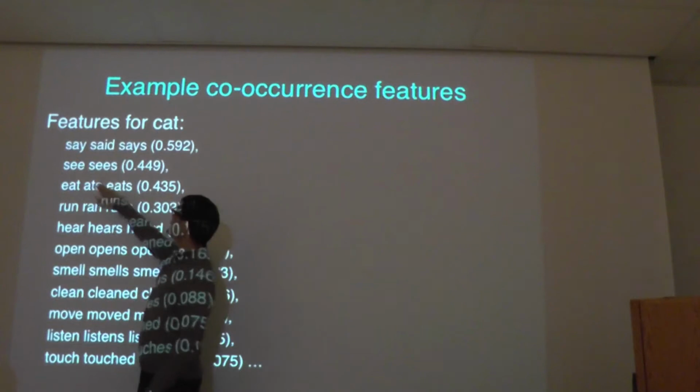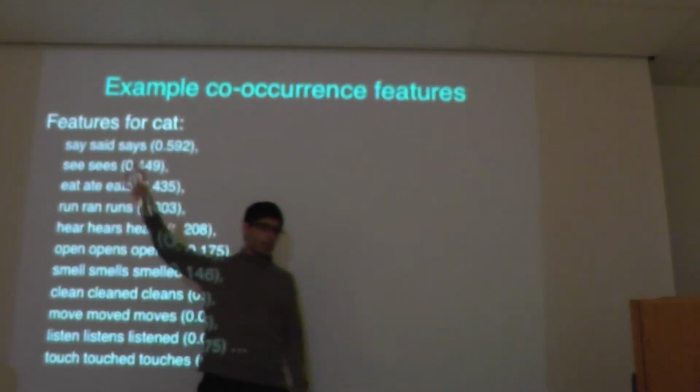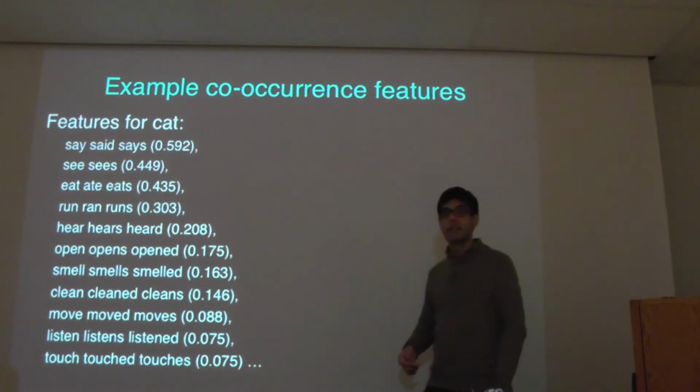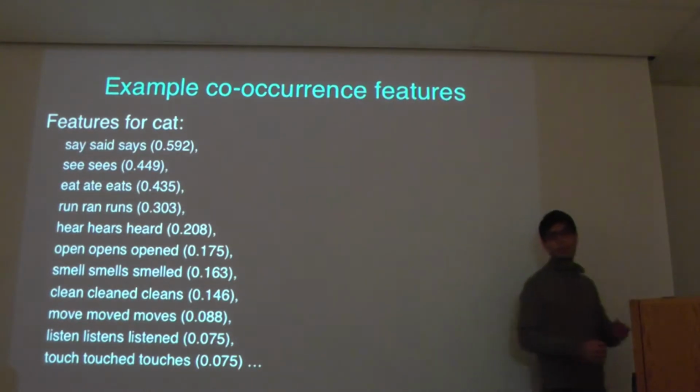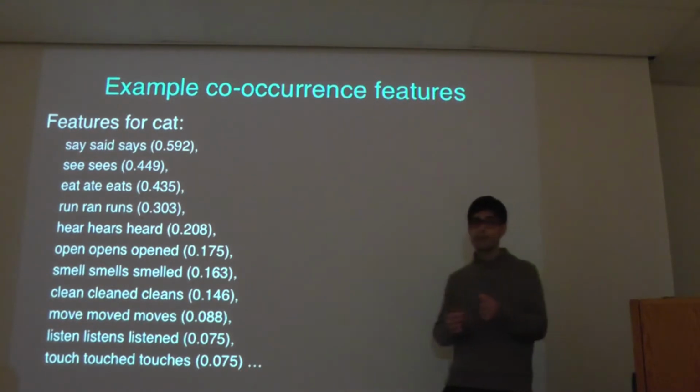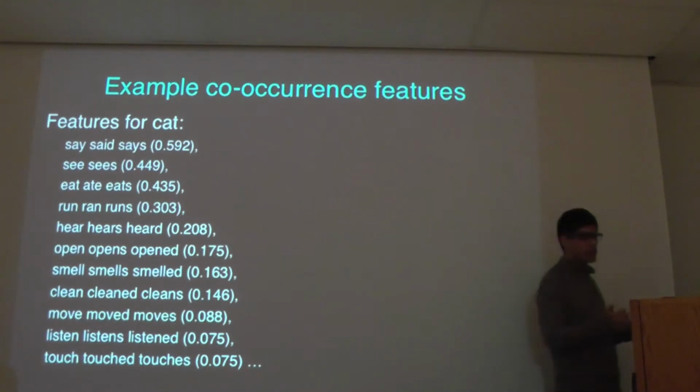Well, you can't use see, sees, and saw, because a lot of the times when the word saw appears, it's not I saw the cat. It's I went to Home Depot and bought a saw. So the co-occurrences with that meaning of saw would give you completely the wrong answer.